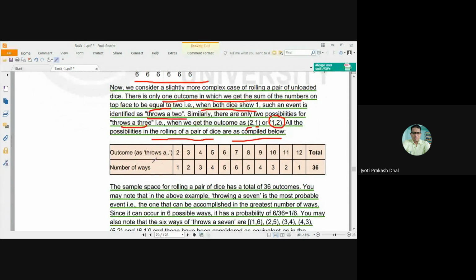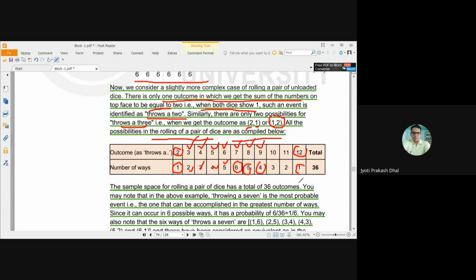Here the outcome of a throw of 2 will come once, a throw of 3 will come twice, a throw of 4 will come thrice, a throw of 5 will come 4 times, a throw of 6 will come 5 times, a throw of 7 will come 6 ways, a throw of 8 will come 5 ways, a throw of 9 will come 4 ways, and similarly a throw of 12 will come 1 way.